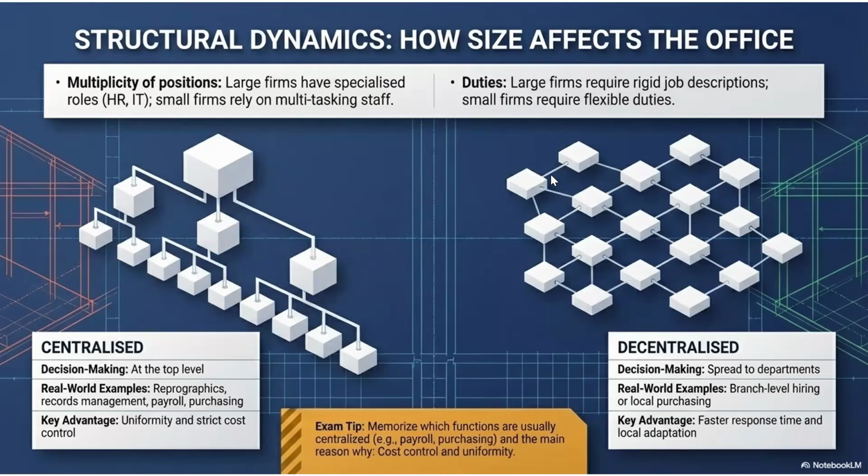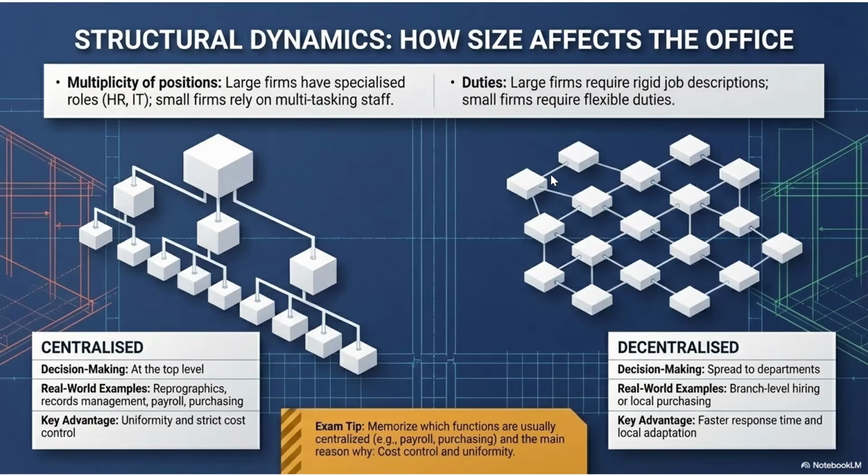And then the office could be centralized or decentralized. Have you ever heard of centralized and decentralized before? Yes, sir. Just making sure. So when your office is centralized, everything happens in one place.